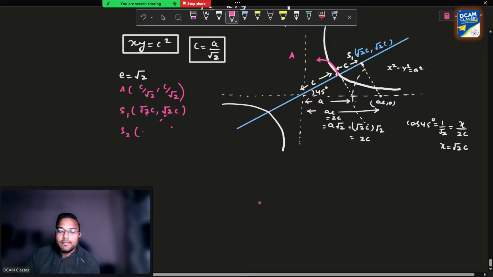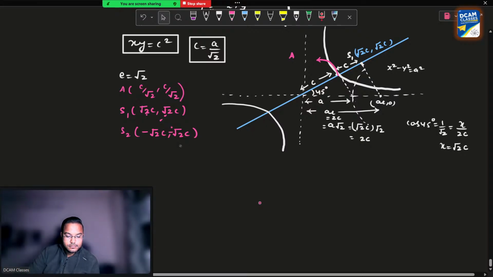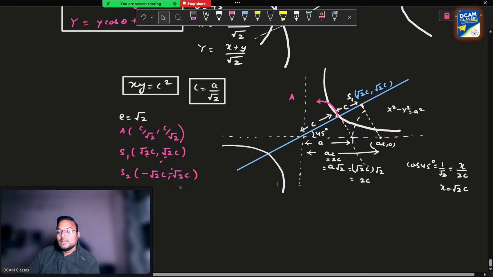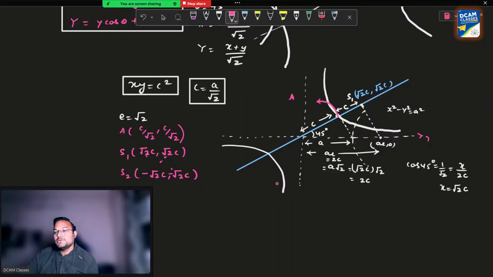The other focus will be minus root 2c comma minus root 2c. These are the only things you need to know. And y is equal to 0 and x is equal to 0, that is xy is equal to 0, become its asymptotes.